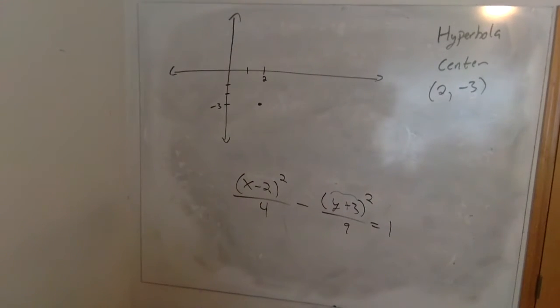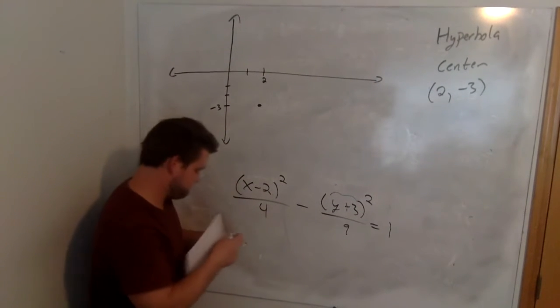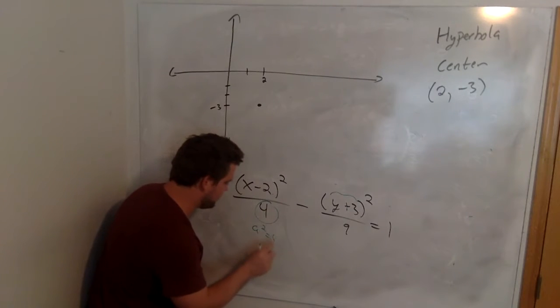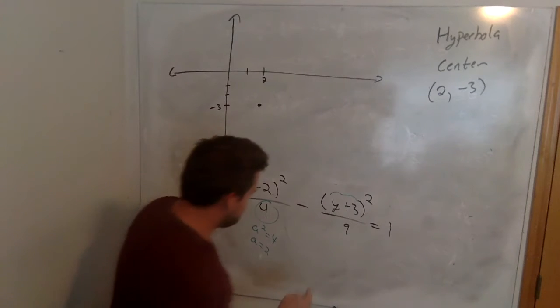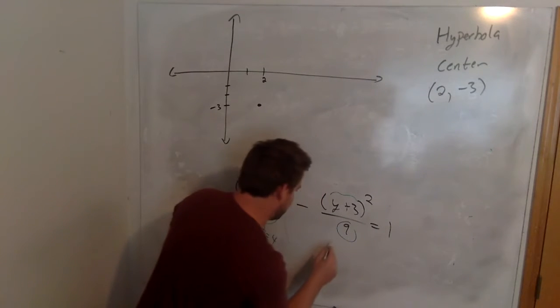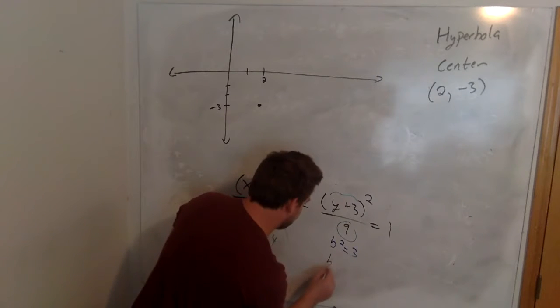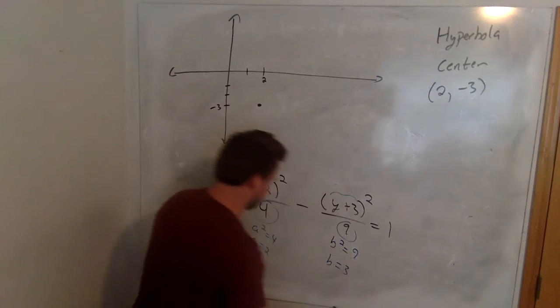So that tells us that our A squared will be equal to 4. So our A is 2. Over here we have that our B squared will be equal to 9. So our B will be equal to 3.